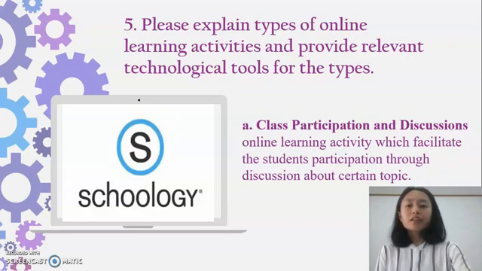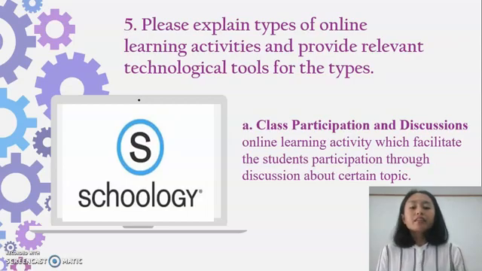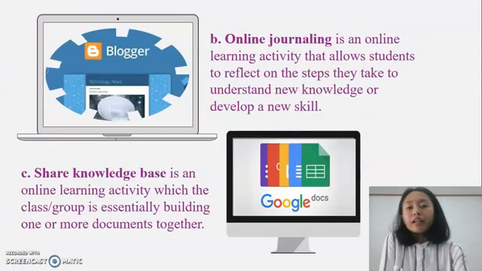The second is online journaling. That is an online learning activity that allows students to reflect on the steps they take to understand new knowledge or develop a new skill. This reflection can take many forms, such as critiquing class reading or logging progress on a project or research paper.